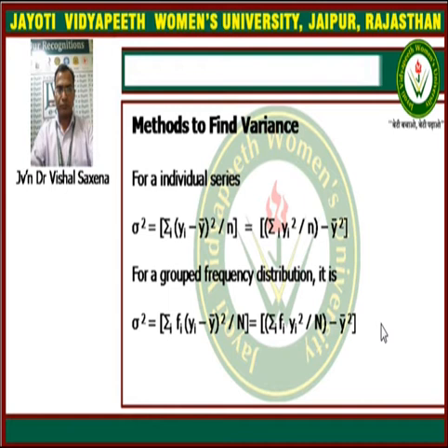The formulas are the same. yi represents the data, while y bar denotes the arithmetic mean of the given data series. Small n and capital N both represent the total number of data, which is equal to summation of fi.